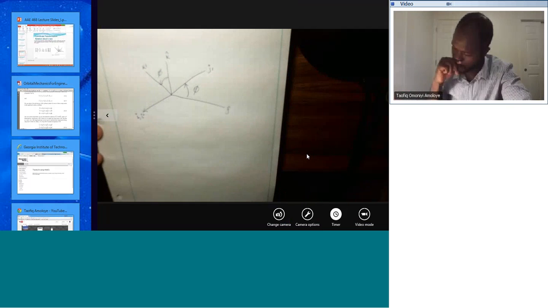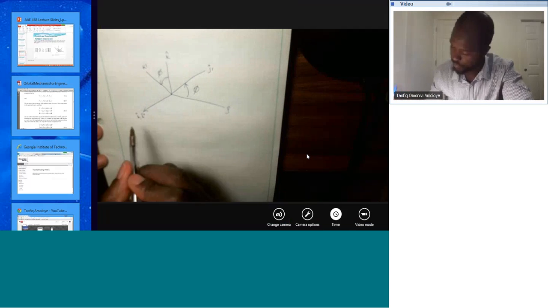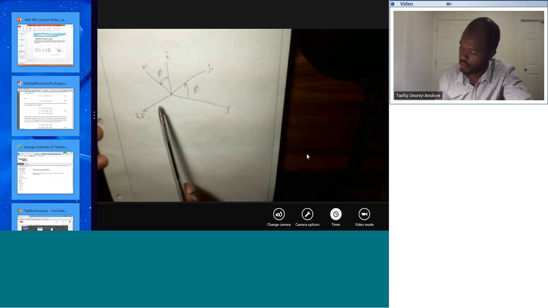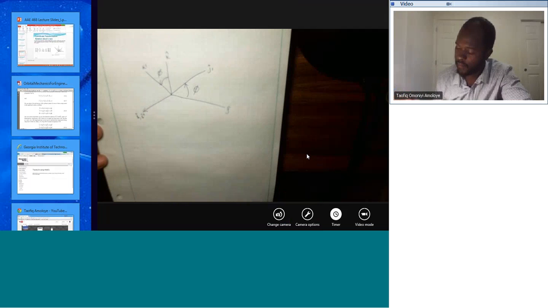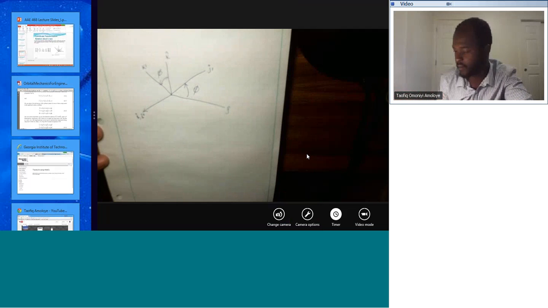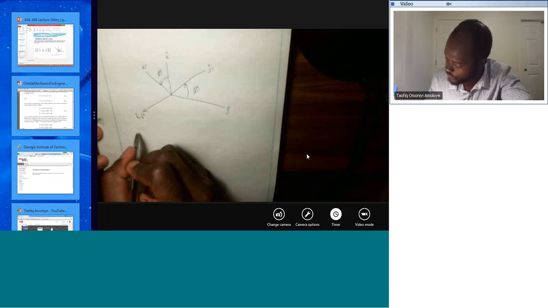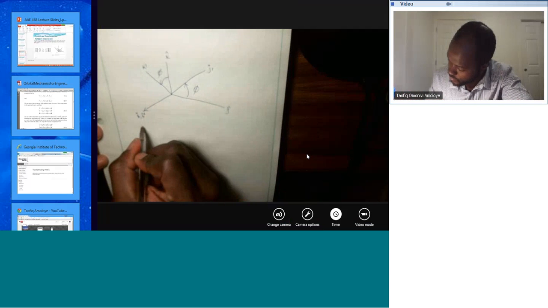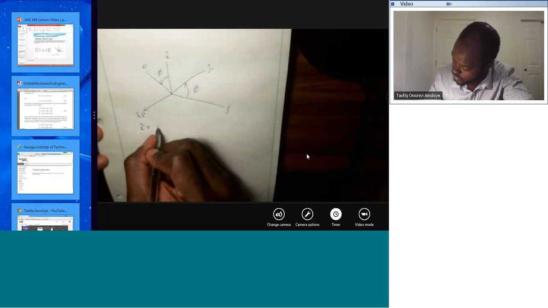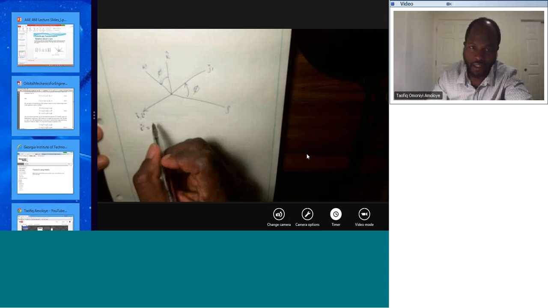So what we are going to try to do now is to express i prime in terms of its components in the XYZ axes of the unprimed system. So for i prime, note that it is fully coincident with i in the unprimed system.